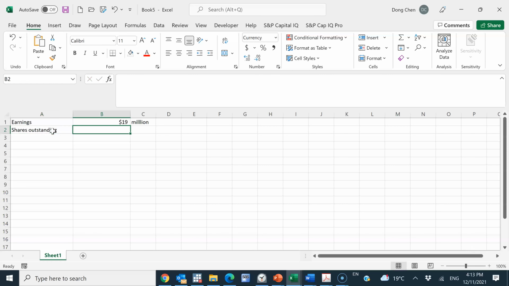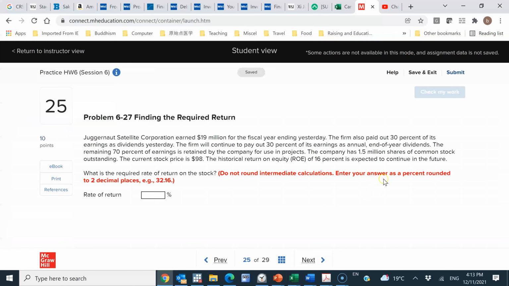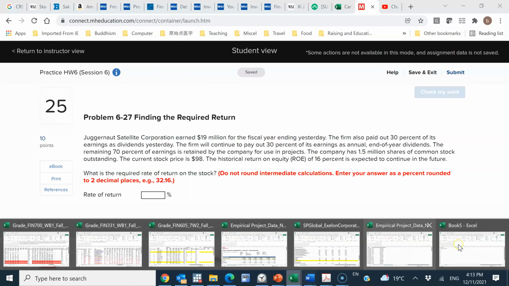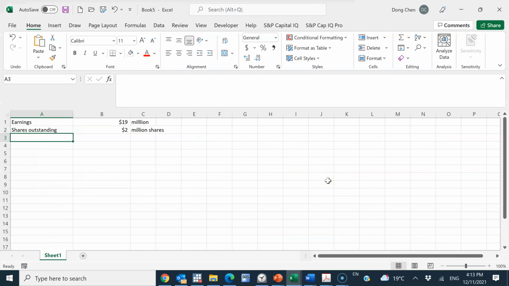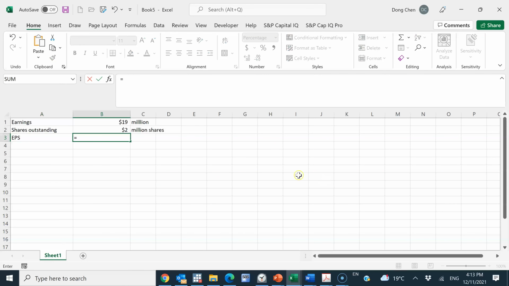And so this is, I guess, 1.5, right? 1.5 million shares. Hence, earnings per share, or EPS, is going to be the 19 divided by 1.5.